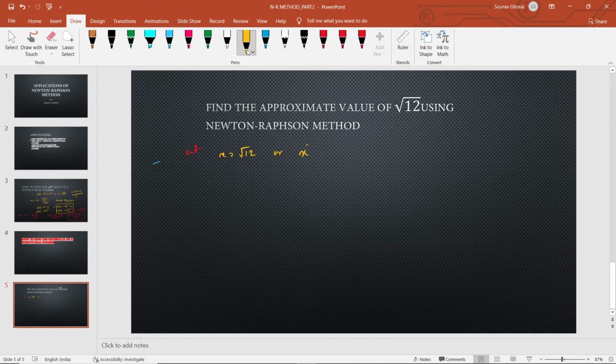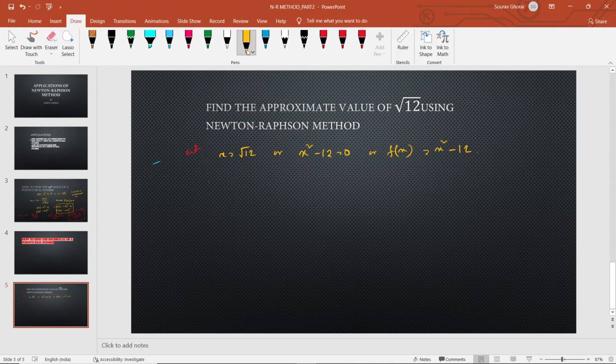From here we can write x square minus 12 is equal to 0, so f of x is equal to x square minus 12. Now how can we find it? First of all, we have to find the interval where the root lies.